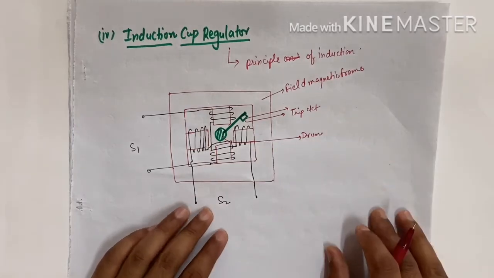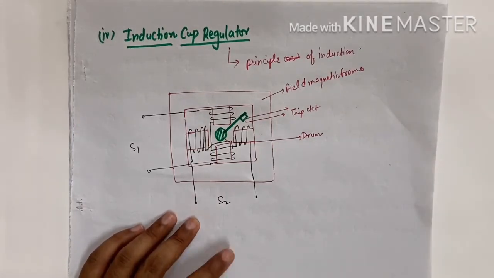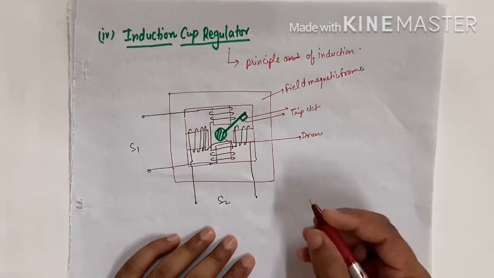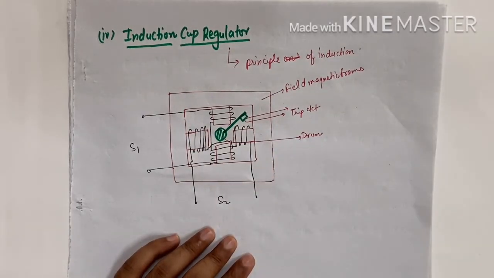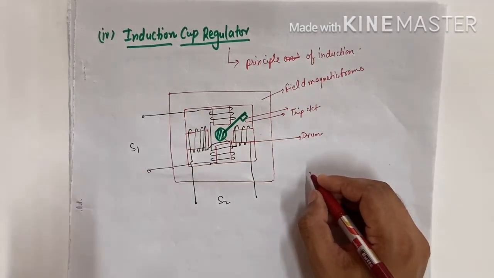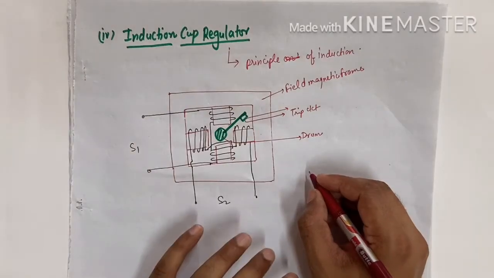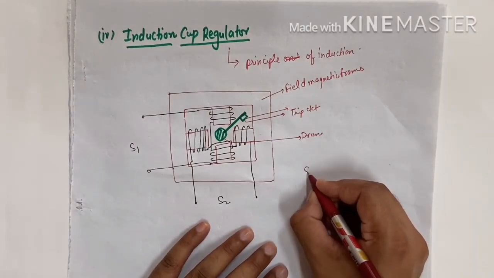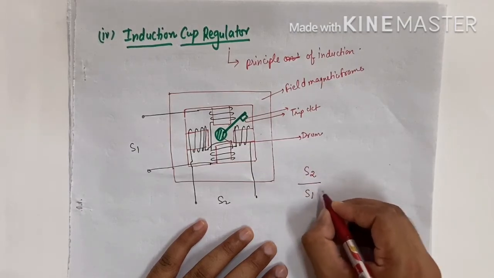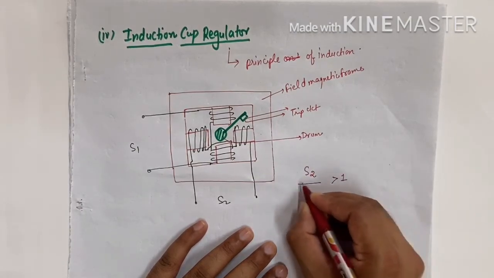Okay, so the induction cup regulator type will operate when the ratio of the flux produced by S2 and S1 is greater than 1.